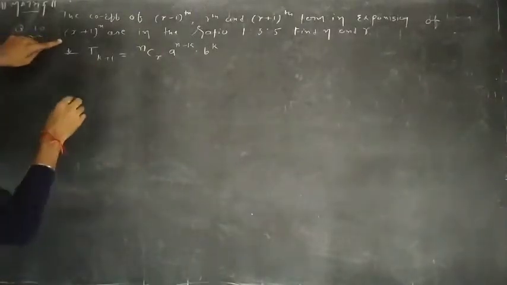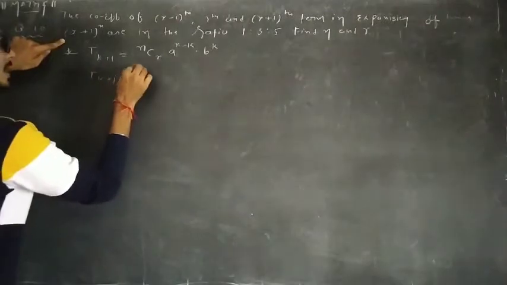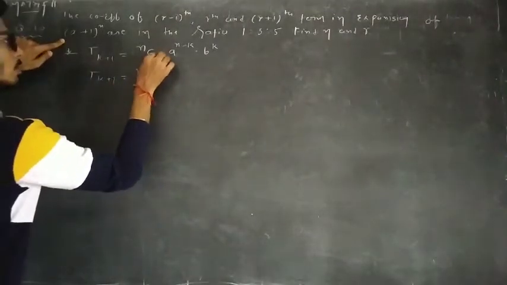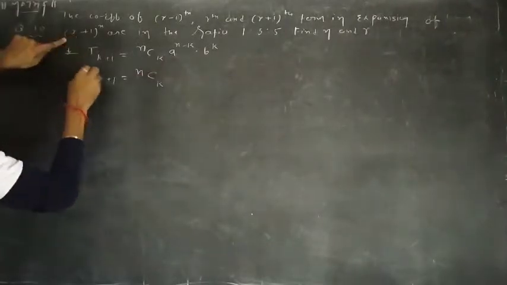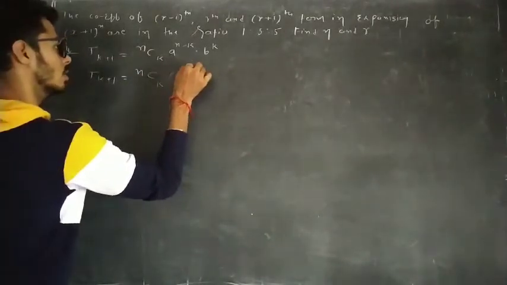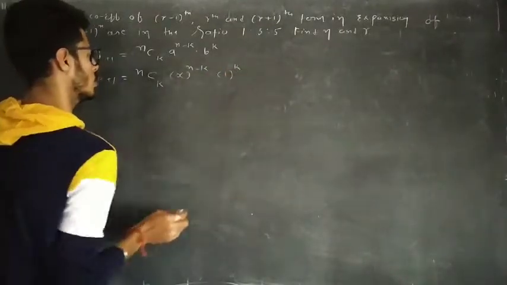So putting the values, T(k plus 1) = nCk, where a is the first term, which is x raised to n minus k, and b is 1, so it is 1 raised to k.